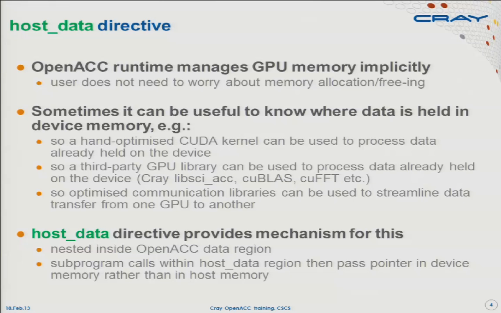But when you pass as an argument the array that you want processing, that code is obviously a CPU-executed line, and normally the arrays that you pass would be pointers in CPU memory. You want to say, for this particular region of the code, I want this to be a pointer in GPU memory. And so this is what the host data region gives you.